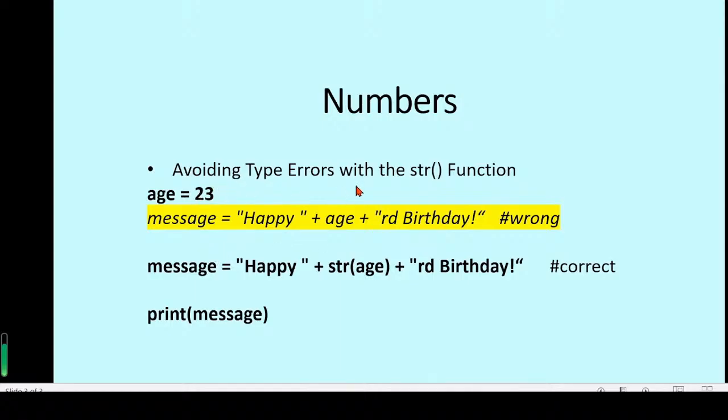And avoiding type errors with the str function. So age is 23. Next, if we create a string variable called message equals happy plus age plus birthday, then it will have an error because Python does not allow you to add a numeric variable with a string directly, so you have to transform this numeric variable to the type string before adding together.